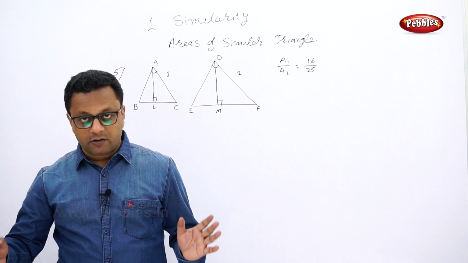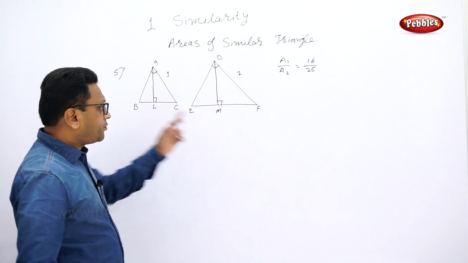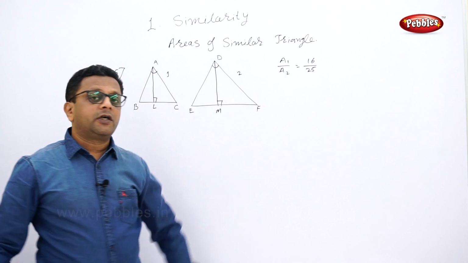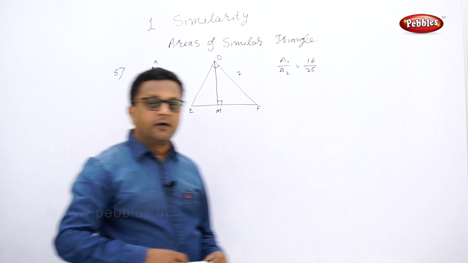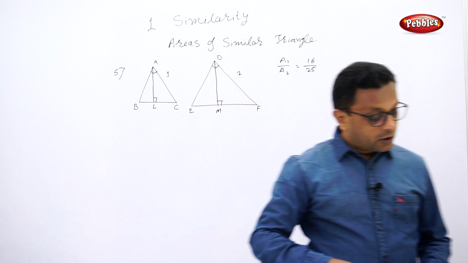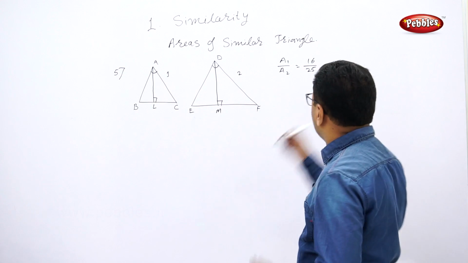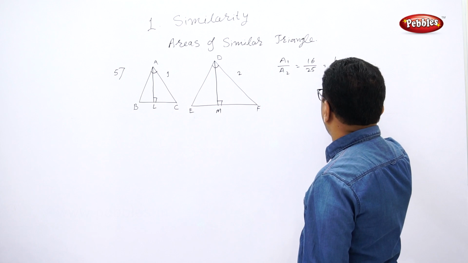All these three things are there. So here this ratio can also be equal to the corresponding heights. We have to find a ratio of corresponding heights. So this is nothing but h1 upon h2.